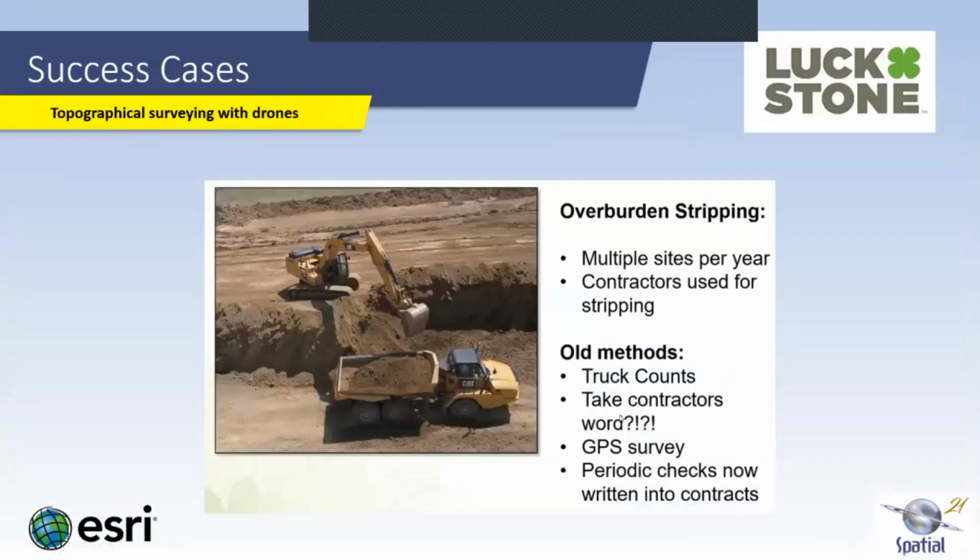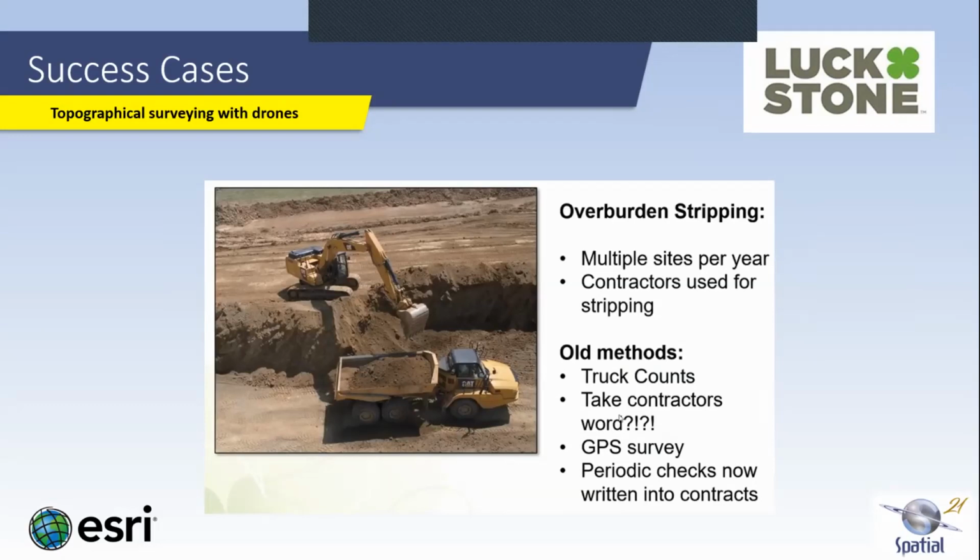Another success case is topographic survey using drone, and here we see the overburden removal, which is normally contracted out. Contractors will come in and do the overburden removal, and they use the old method of truck count.